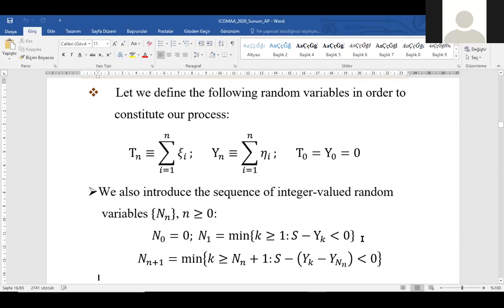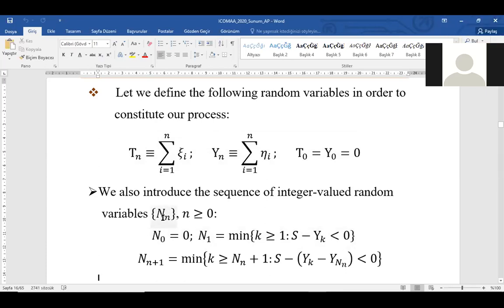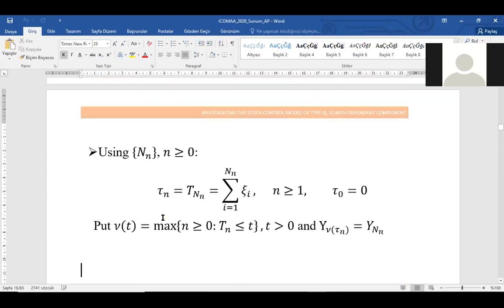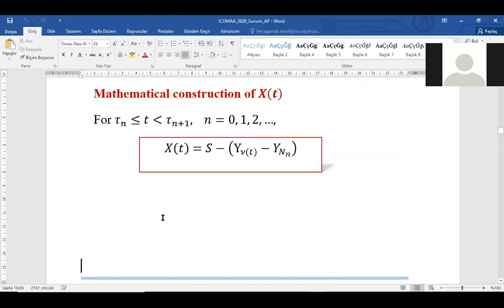In order to define our main process X(t), we must define the following random variables eta_n, y_n. Also the random variables N(t) we must define. Using these random variables, we construct our process as follows.